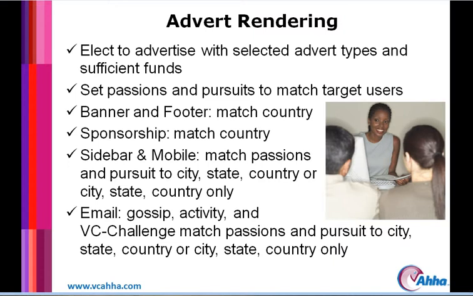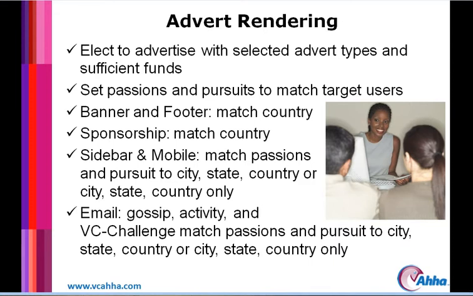They need sufficient funds in their online funds account, and they need to set the passions and pursuits, or the interests, of the audience that they're wishing to reach. So, for example, if you want to hit Catholic schools, you would elect schools and Catholic. And when you looked at this on the website earlier on, you could select up to 10 passions and 10 pursuits.